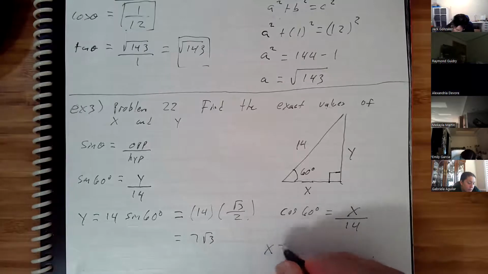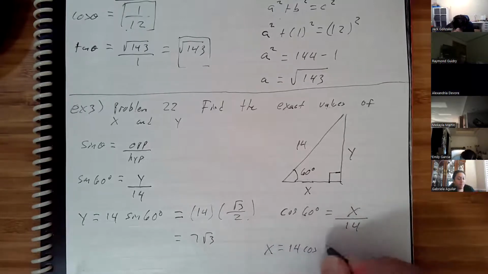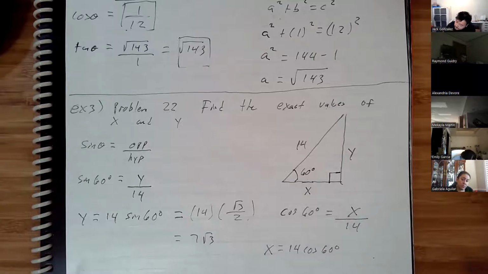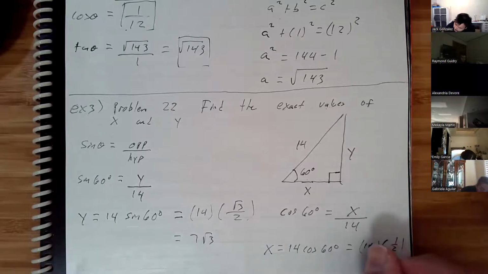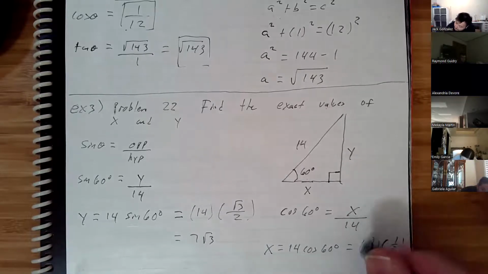So x is equal to 14 cosine of 60, which will be 14 times 1/2 based on your circle. That is the ugliest 14 ever.